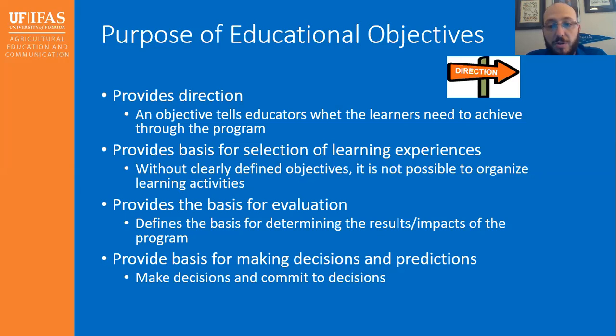By identifying what you want your learners to be able to do, you can develop evaluation tools and instruments that are able to actually measure what those outcomes are. It also allows you to make decisions and predictions on what you want to do for your program and what you expect to happen. And if things are not occurring the way that you want them to, you can take proactive remedial actions to improve the delivery of your program.